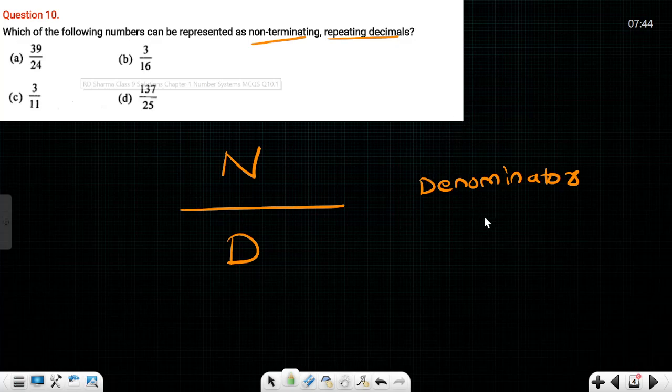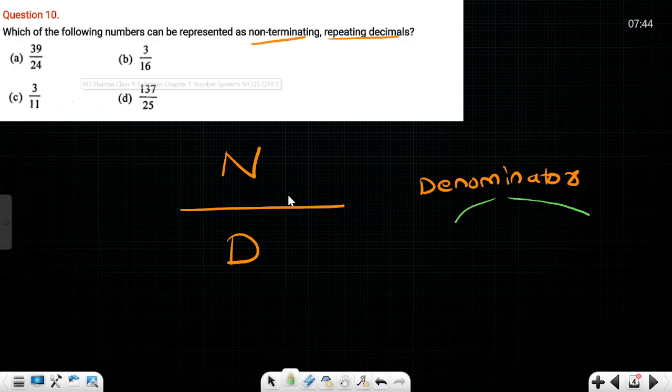Now, when you talk about the denominator, in the denominator you can have all the numbers like 1, 2, 3 up to 10. Now you might be thinking, sir, why only 10, why not 11, 12, or infinite can be there, na? But everything you can do prime factorization and bring back.